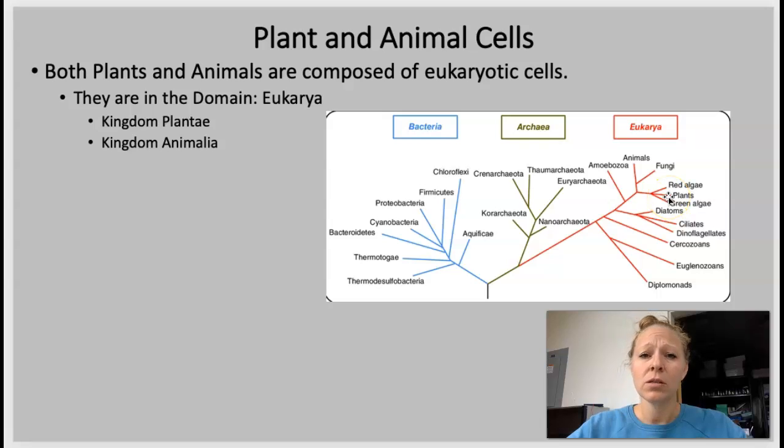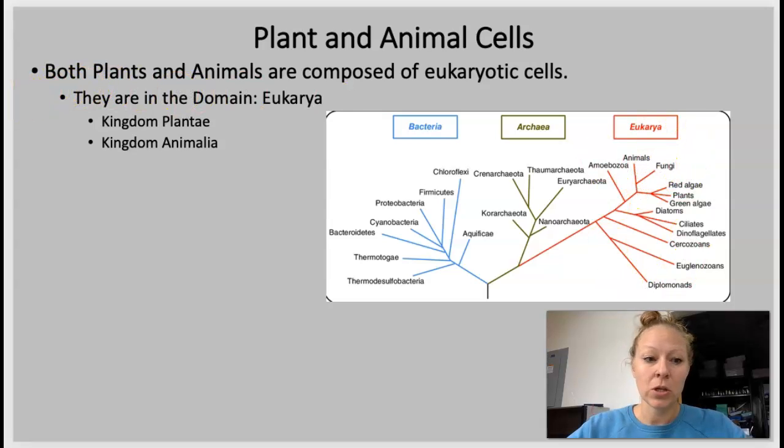Today we're going to be looking at animal cells and plant cells. All plants and all animals are made of eukaryotic cells. That's why they're in the domain eukarya.